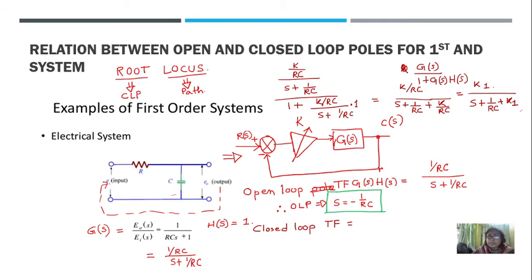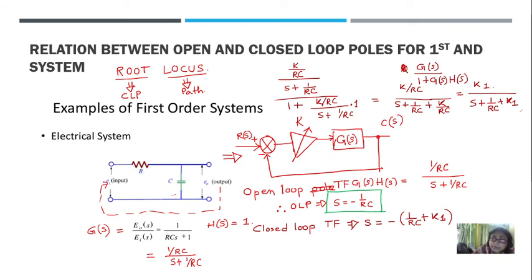And if we take the closed loop pole from it, the closed loop pole will be s equal to minus (1/RC plus K1), where K1 is a variable factor.